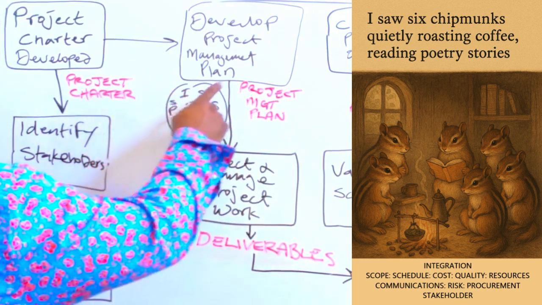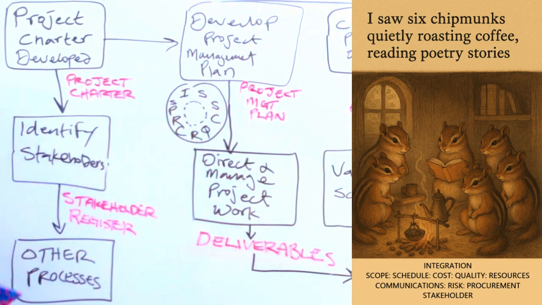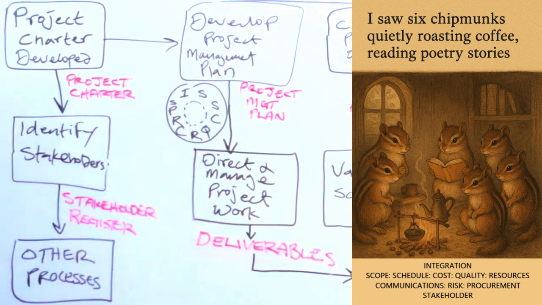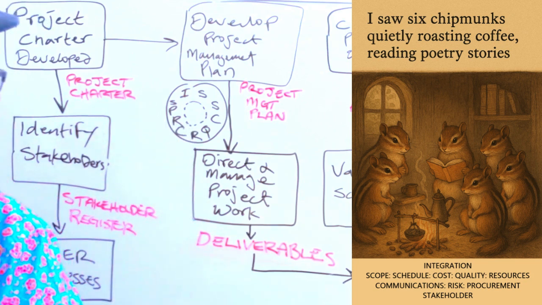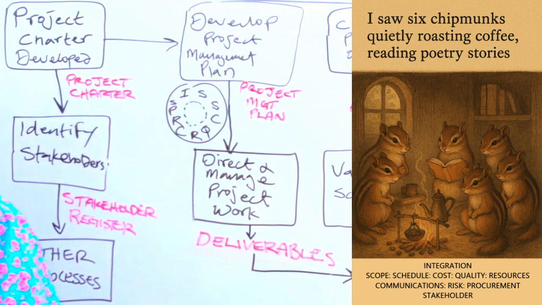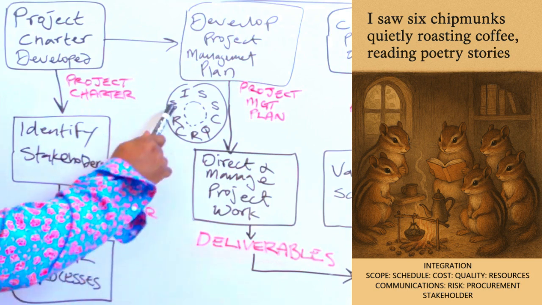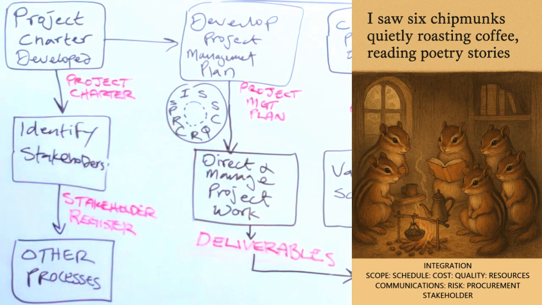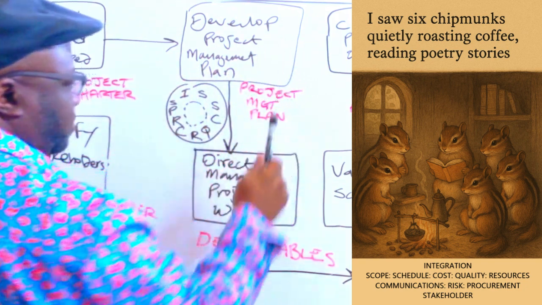We have a scope management plan and a requirements management plan, a schedule management plan from schedule, a cost management plan from cost, quality management plan from quality, resource management plan from resource management, communications management plan from communications management, a risk management plan, a procurement management plan, and a stakeholder engagement plan. So all of these should be accounted for in here.